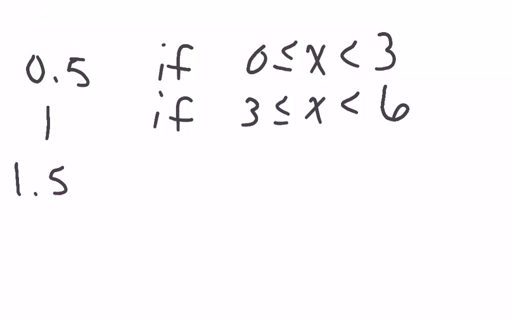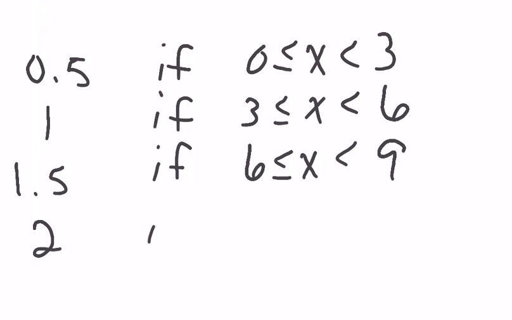The employee will get $1.50 extra increase in pay if they have worked 6 years up to 9 years, but not including 9 years, and they will get a $2 increase if they have worked 9 years up to but not including 12. So in the wording, when it says less than, we need to use just that sign, no equal sign.